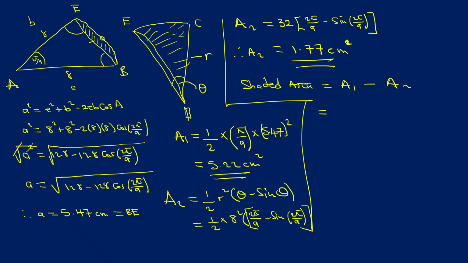So A1 is 5.22 minus 1.77, which, when you subtract those two figures, is going to give you 3.45 square centimeters. This is the area of the shaded region. All we have done is what is going to earn you 10 marks.